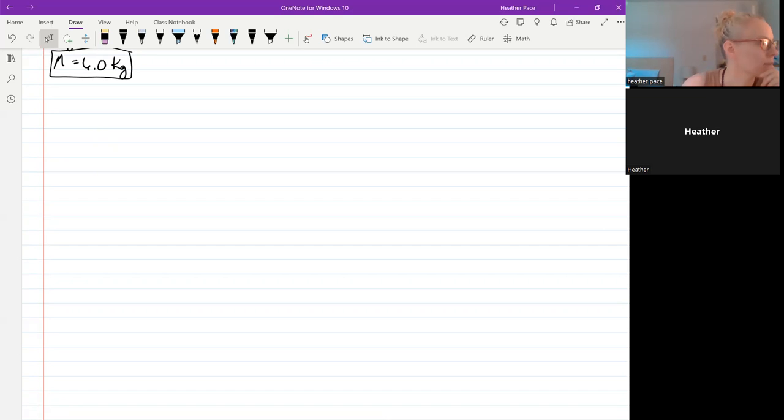Problem 37. Objects with masses of 200 kilograms and 500 kilograms are separated by 0.400 meters. A, find the net gravitational force exerted by these objects on a 50.0 kilogram object placed midway between them.